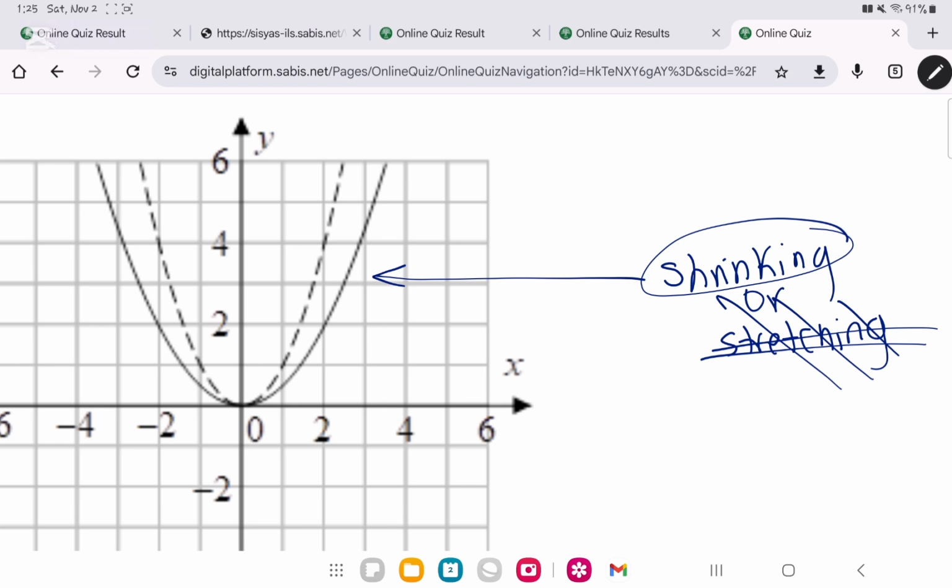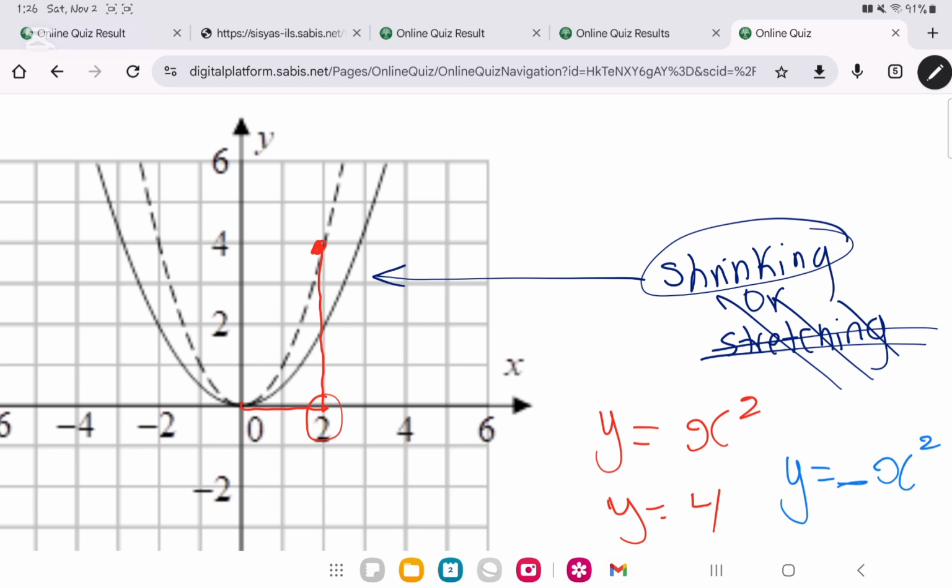Very simply, you can take 1 point, for example, with an x of 2. We know y is equal to x squared. So with an x of 2, our y would be 2 squared, which is 4. This is where the first graph is. Now let's see what happens in the second graph. In the second graph, y is equal to something times x squared.